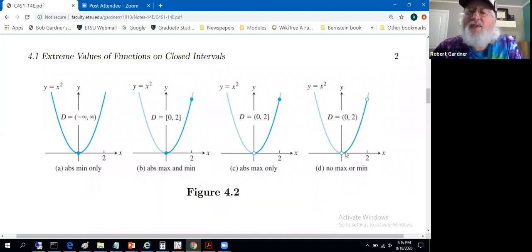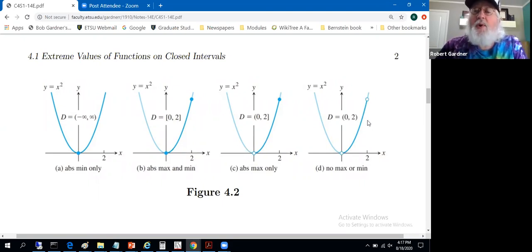But the function has neither a max nor a min. To go anthropomorphic on you, it wanted to have a minimum of 0 and a maximum of 4, just like in part B. But they poked holes in it and wouldn't let it. So it must be related somehow to limits or continuity. Well, that's why it's in calculus.